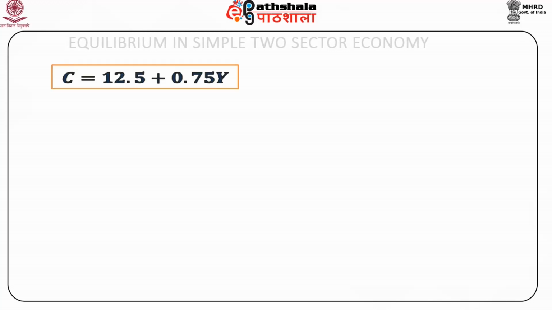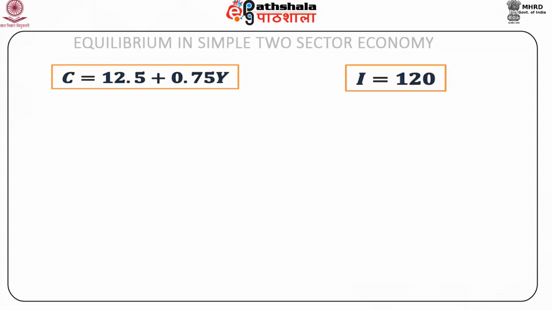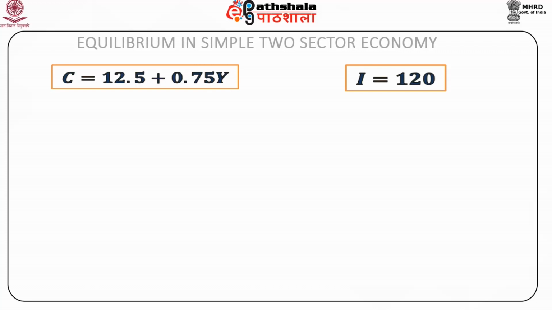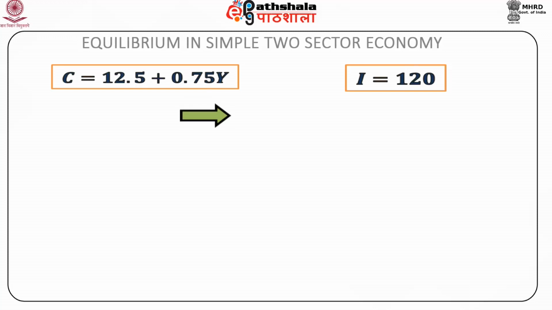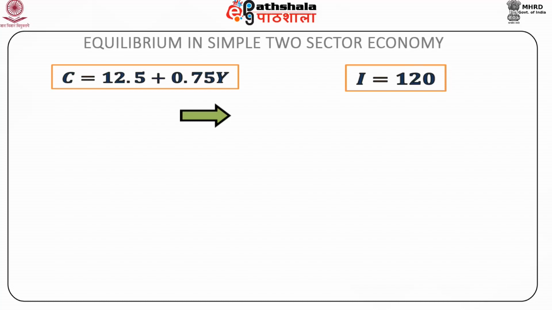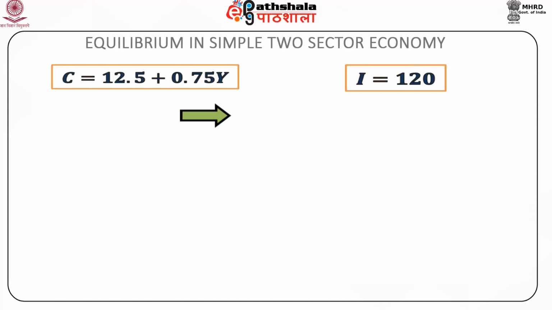Now, let us understand this equilibrium determination with the help of a simple example. Suppose the consumption function is given by C is equal to 12.5 plus 0.75y. The investment is given by I is equal to 120. AD, which is the sum of consumption and investment, is 12.5 plus 0.75y plus 120, which is equal to 132.5 plus 0.75y.